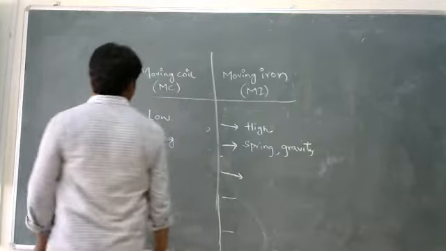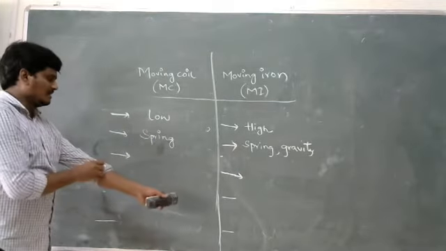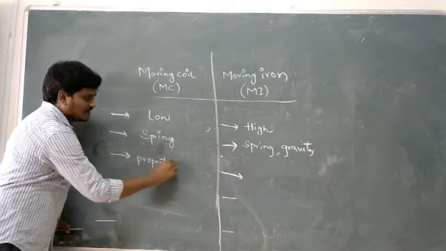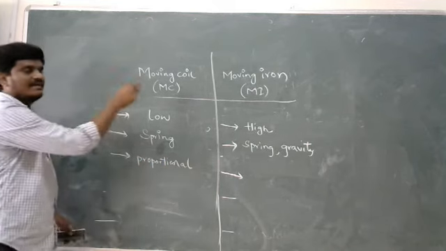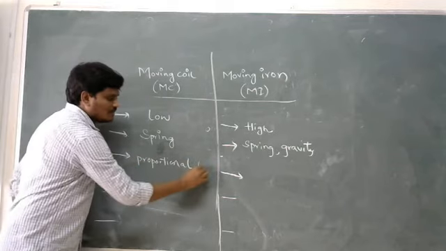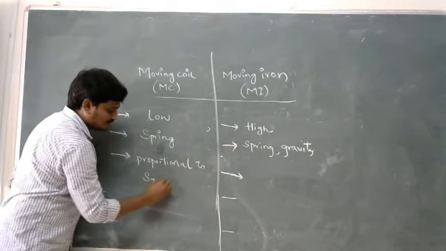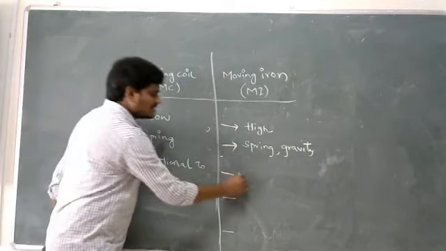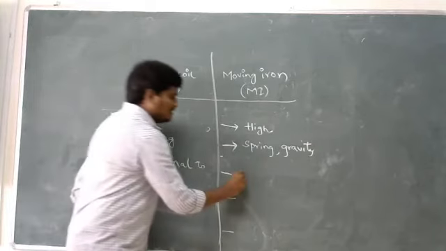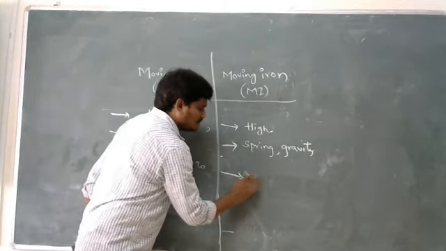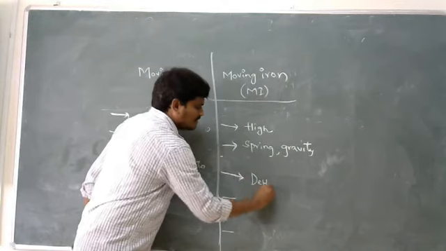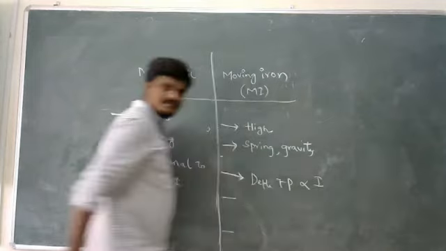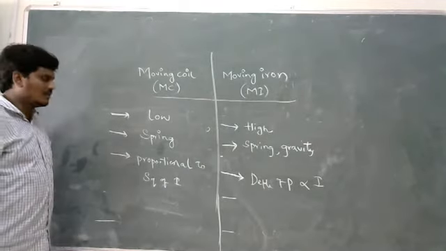The deflection of the pointer in case of an MC instrument is always proportional to the current, whereas in case of an MI instrument, the deflection of the pointer is proportional to the square of the current.